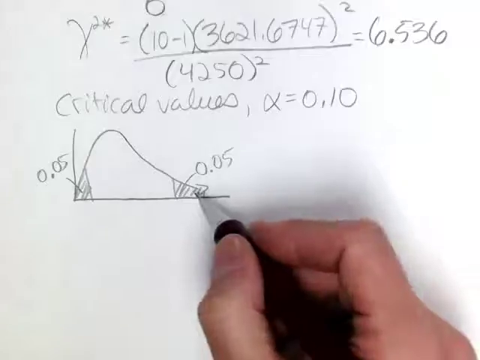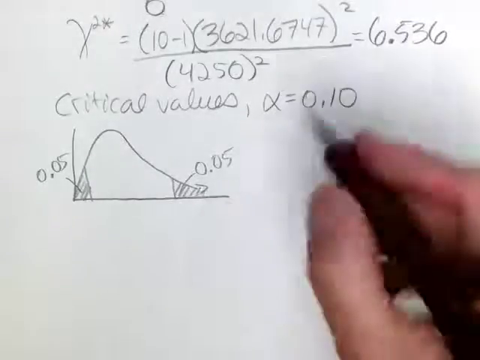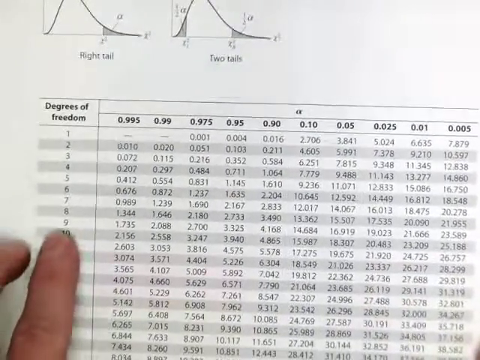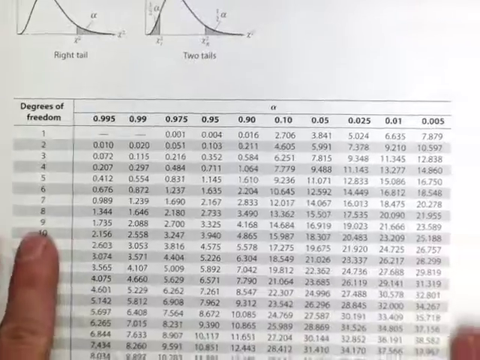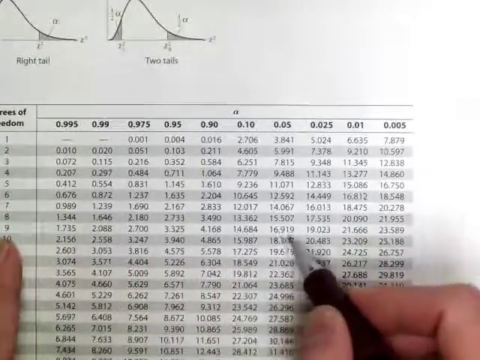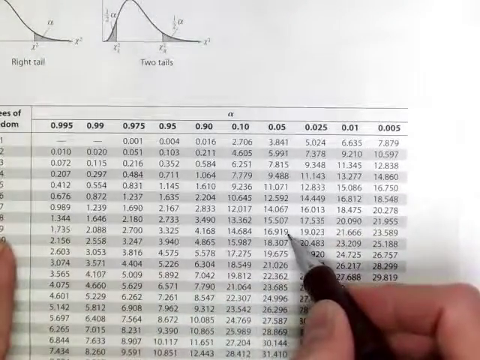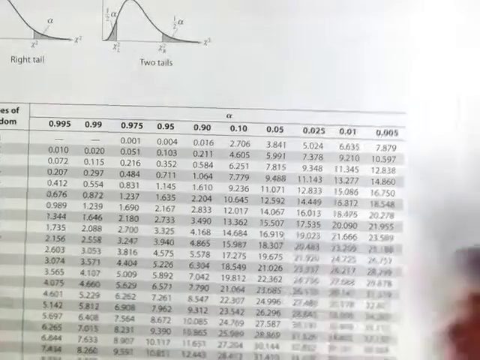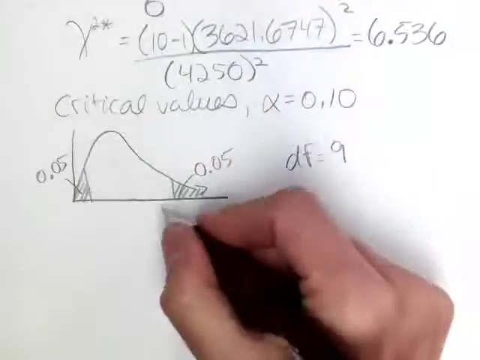So let's go ahead and find this upper critical value first. My degrees of freedom is equal to 9. So I'm going to read down to 9 degrees of freedom and over to 0.05. Okay, so I have a critical value of about 16.919.